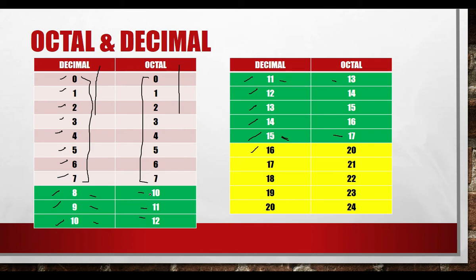The same goes with 16. It becomes 20. So every after 8 digits, the pattern follows the same sequence. After the first 8 digits, it becomes 10. Then after another 8 digits of decimal, it becomes 20 in octal. Then another 8 digits of decimal, it becomes 30 for octal, and so on.